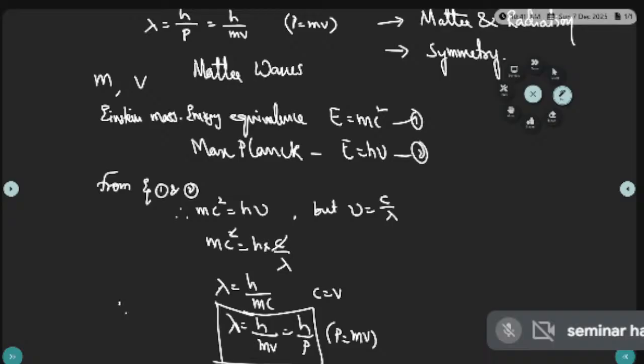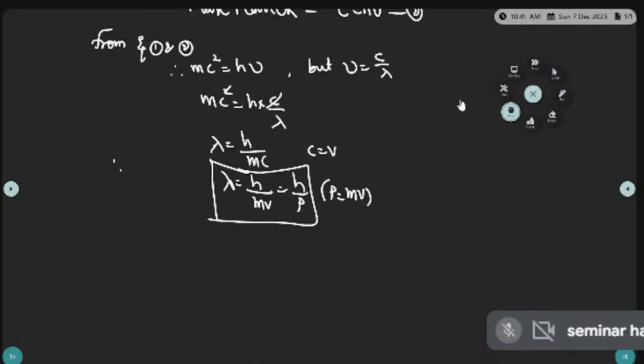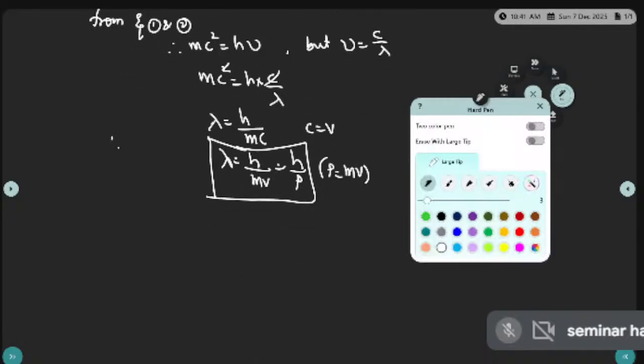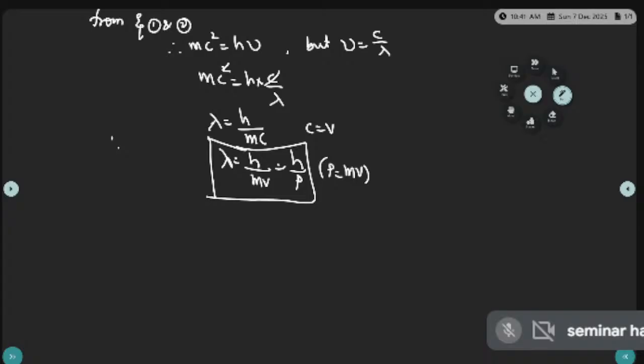Now this equation can also be written in a further simplified form. It is not there in the syllabus, but for problem purposes, its application we use it, that's why I'm writing it.